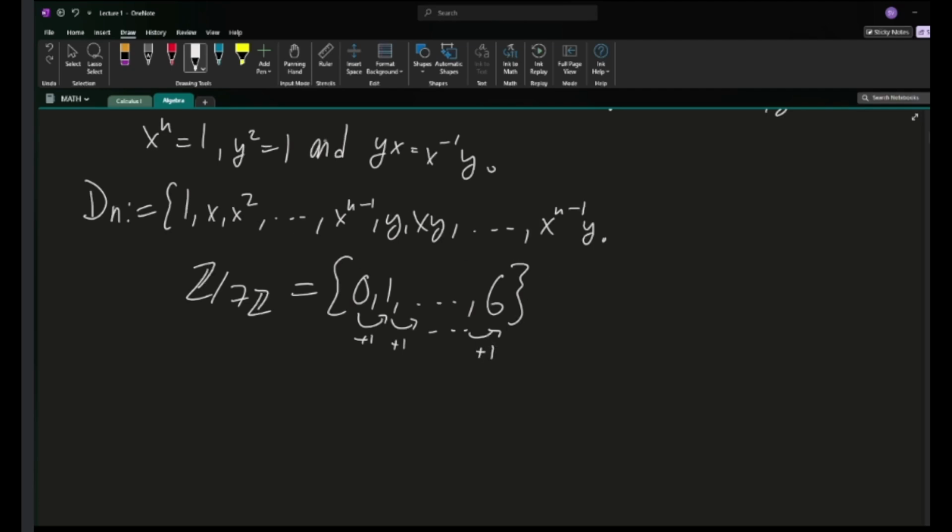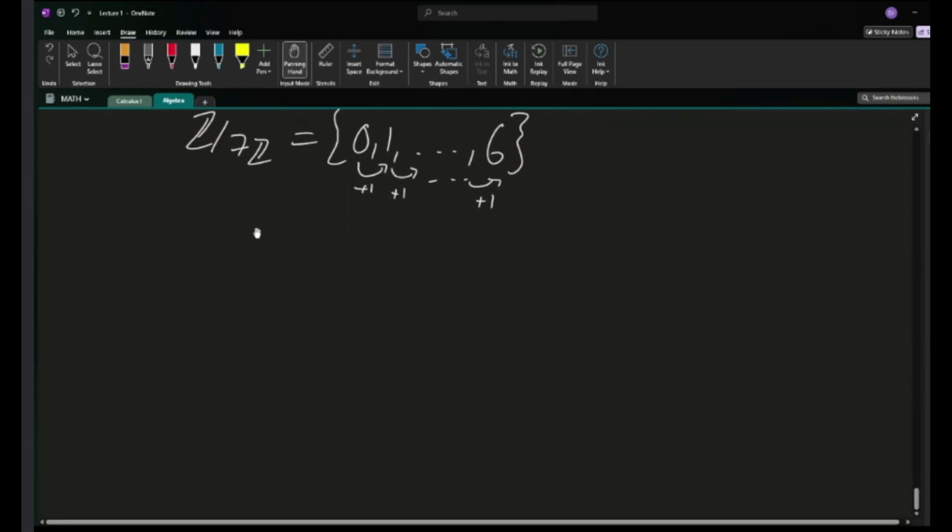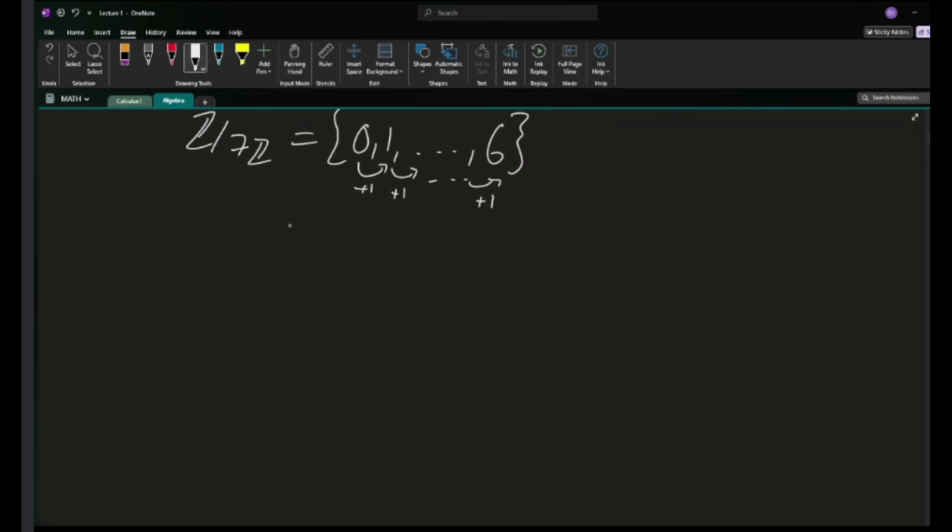So when we have group operations of, say, x to the n, that's actually a really fun type of group operation. It's known as a cyclic group. So x times x times x times x would eventually go back to equaling 1 in itself. Kind of like modular arithmetic for sure, but instead you're now dealing with a cyclic group using multiplication.